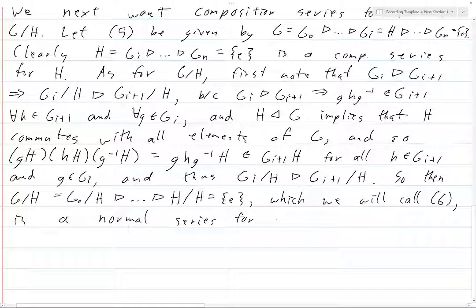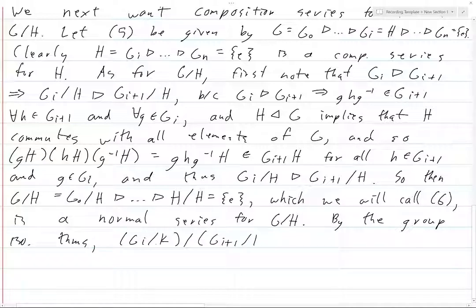Now, this is kind of a key step, a key fact, and this is really an important fact. So by the group isomorphism theorems, I forget which one, I'm not going to state it explicitly, but what it says is that this thing is isomorphic to G_i mod G_{i+1}.